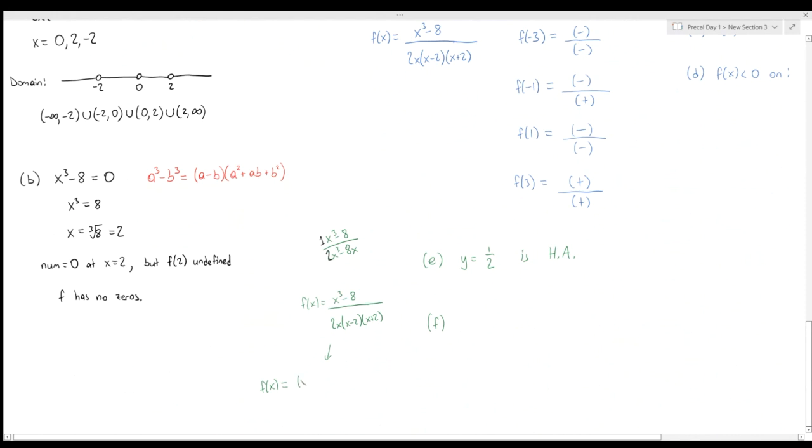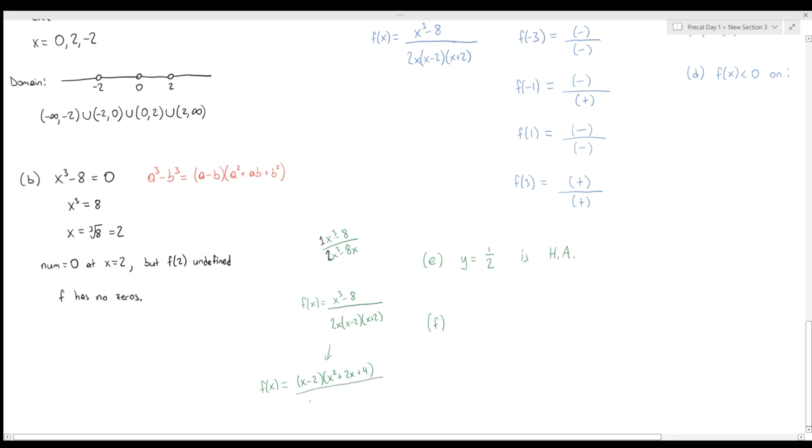So it's going to be a minus b, a squared plus a times b would be 2 times x. And then b is 2, so plus b squared would be 4. Okay. So I use the difference of cubes formula to factor the numerator.